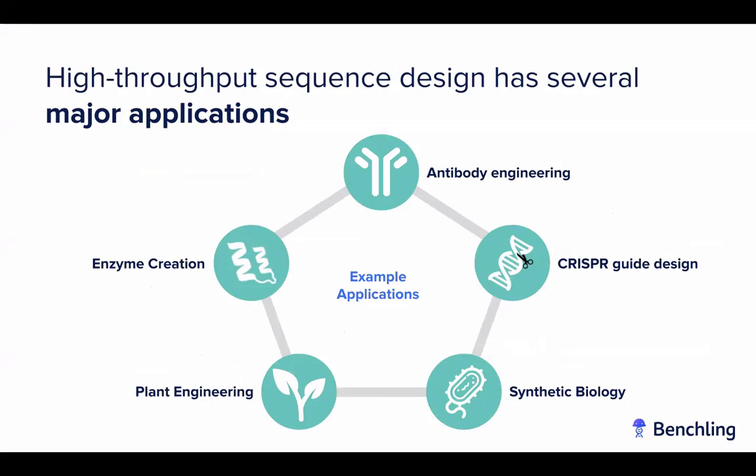At an industrial scale, you might be using this to create dozens, if not hundreds or thousands of enzymes. And for plant engineering, designing and knocking out and expressing the right trait in plants also applies to high throughput sequence design. And the point I want to make here is that Benchling has a suite of tools that are oriented towards biotechnology, but they can be used across a variety of different domains.